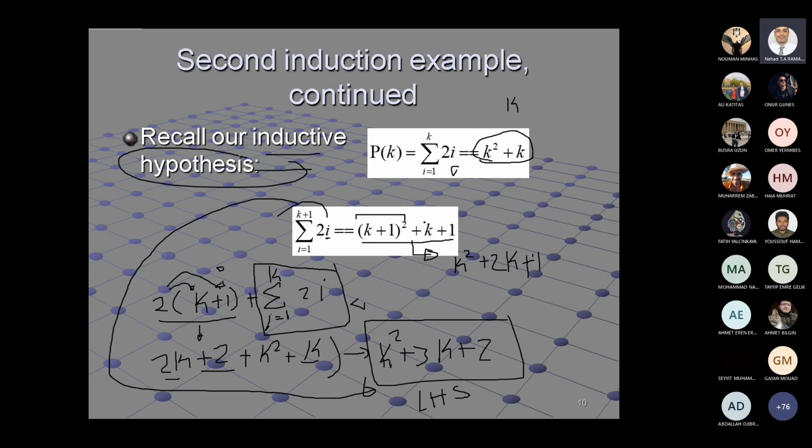Now plus k plus 1. Organize it: k to the power 2, 2k plus k is plus 3k, 1 plus 1 is plus 2.